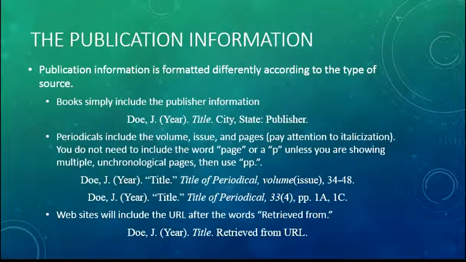So you can see in our example there that we have our title, we have in italics the title of the periodical, comma, the volume, which is in italics, and then you'll notice squished right up against the volume is the issue, which is not italicized, and the issue is always just in plain text. So it looks a little weird that you have something in italics and then something in plain text right after it, but keep them squished together and make sure you have each part italicized or not italicized as needed.